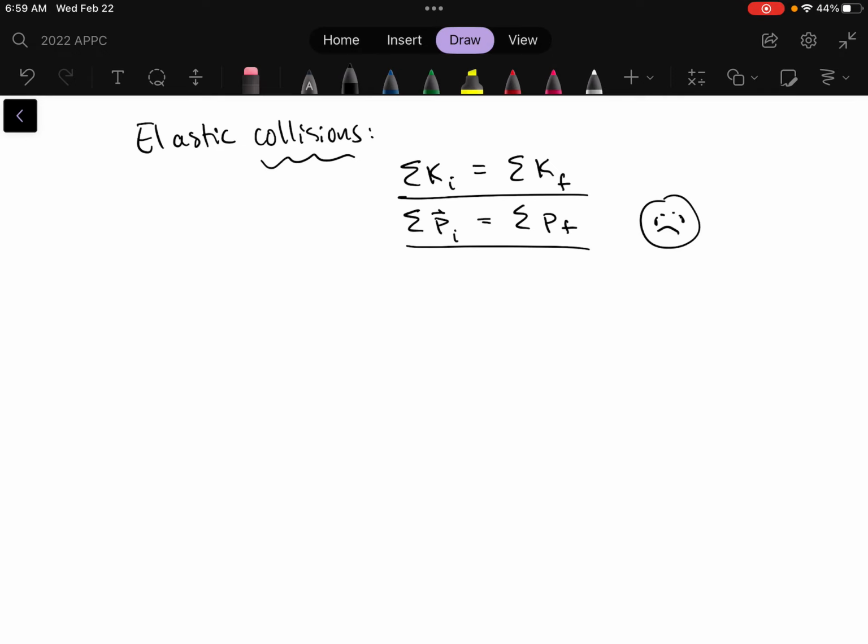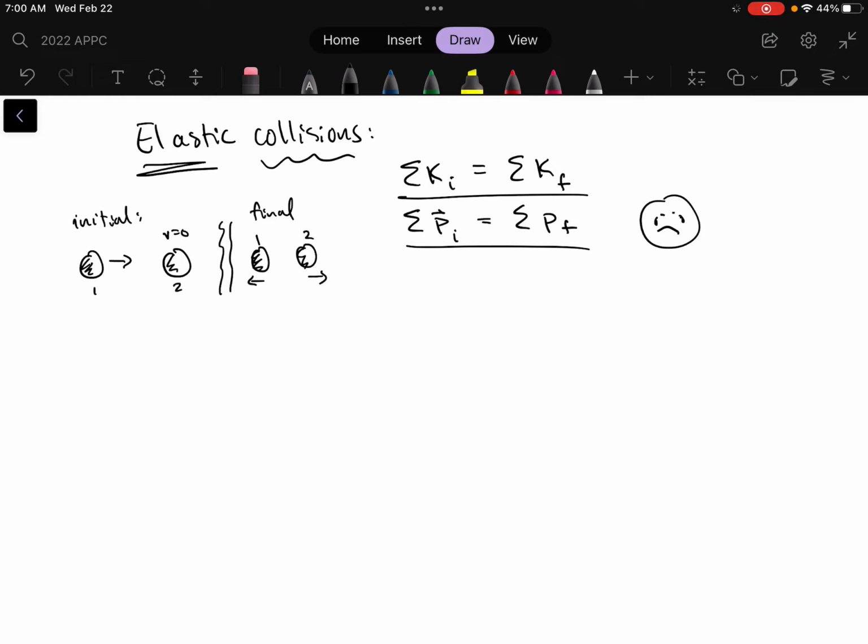Let's start off with the idea that if we have a collision between two objects and it's going to be elastic, on the initial side, it has to be two separate objects. We have object 1 moving, maybe object 2 is sitting still, and then after the interaction, maybe object 1 is moving backwards and object 2 is moving forwards.